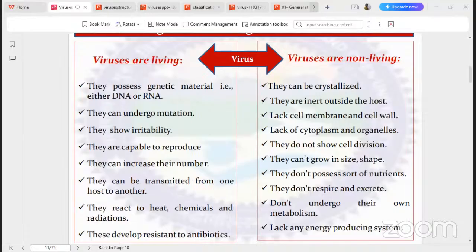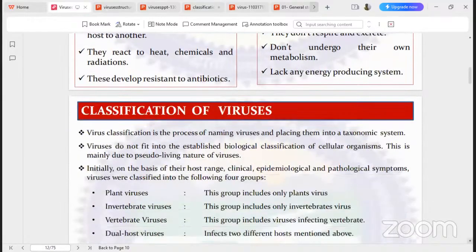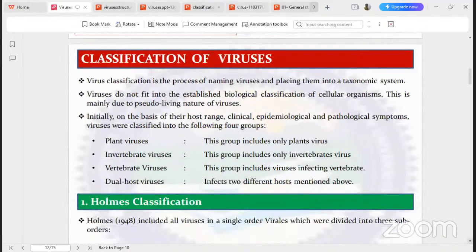Then you can see the classification of viruses. Classification is based on many things: the host, the structure, the specificity, the genetic material, the nucleic acid.